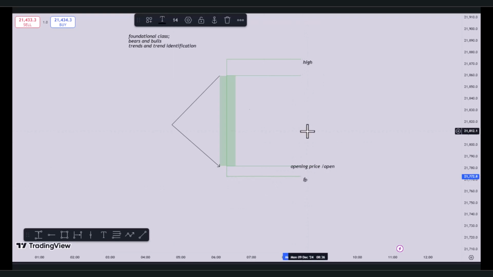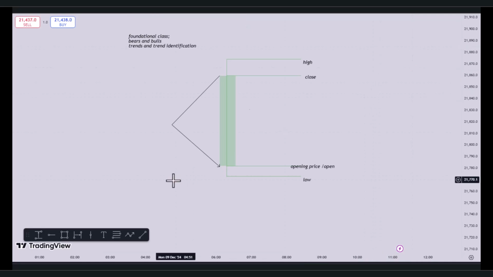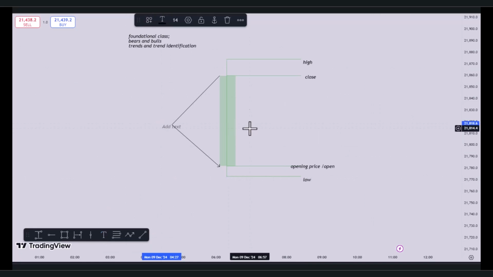This is our low. I don't know why my words keep disappearing. We call this the close. One last time, if it disappears, it's up to it. This is the body.